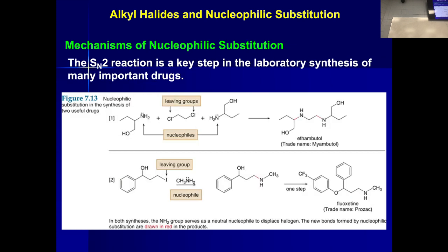Here's some examples of SN2 reactions to things that you all might be particularly interested in. You can take this amino alcohol, so you got an amine and an alcohol group, and you can react it with this 1,2-dichloroethane. You just have to have 2 equivalents of this and 1 equivalent of that. And you can make this medicine called ethambutol, myambutol.